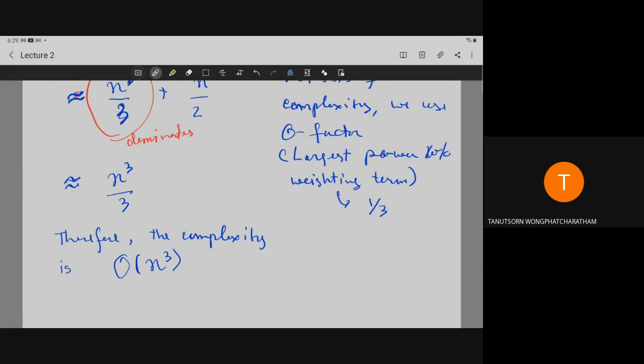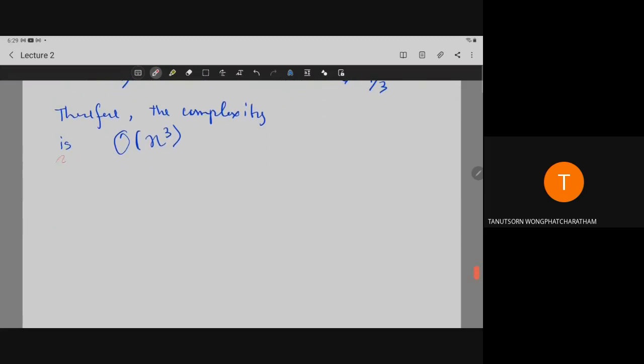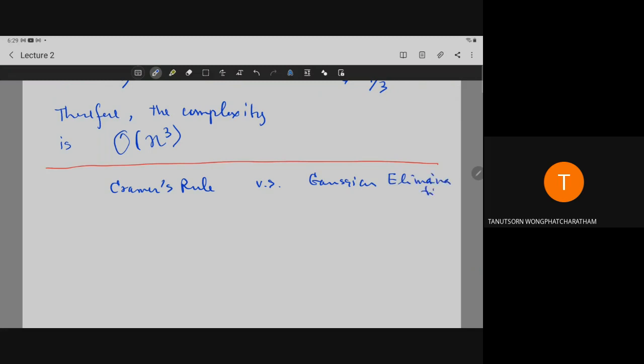So for example, if we do the comparison between linear equation solution methods, the traditional methods like Cramer's rule, versus the Gaussian elimination method.